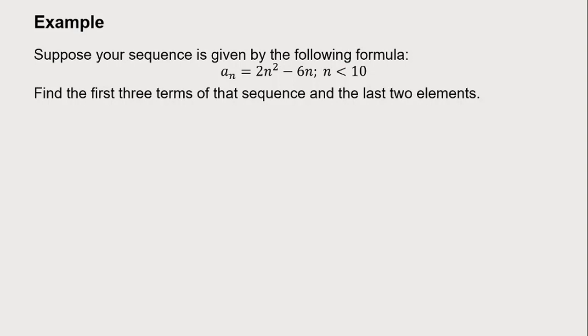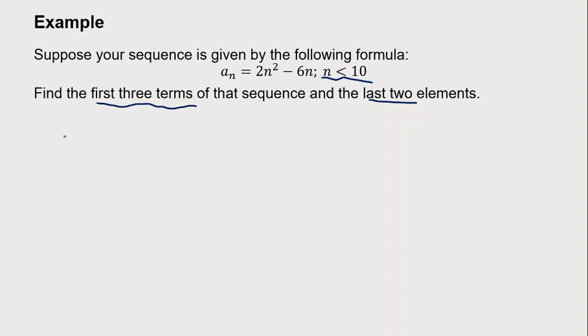Now, let's have a very easy example with a particular sequence. A sequence is described by a_n, the nth term, which is 2n squared minus 6n, and we are bounded by the condition that n must be less than 10. Find the first 3 terms and the last 2 terms or elements.